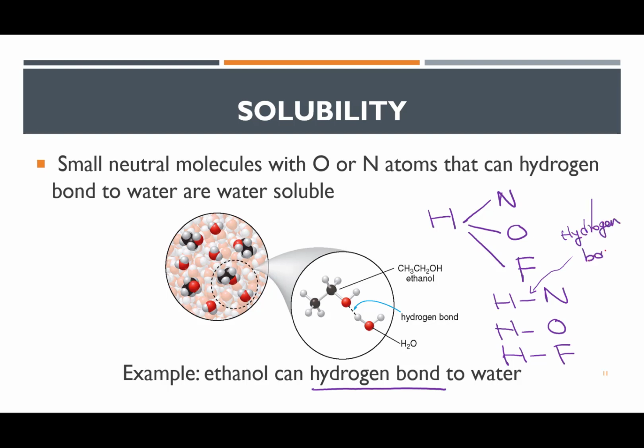Hydrogen bonding compounds are also soluble in water. If you look at the structure for water, it also has hydrogen bonding, because as you can see, it's a bond between hydrogen and oxygen. All compounds containing hydrogen bonds are soluble in water, because water also contains hydrogen bonds.